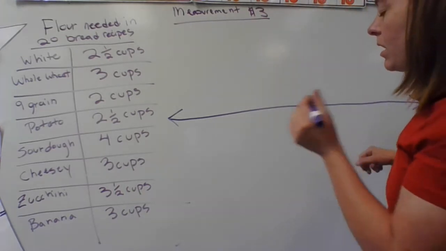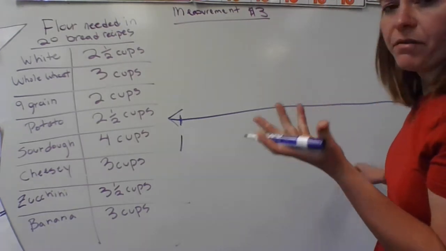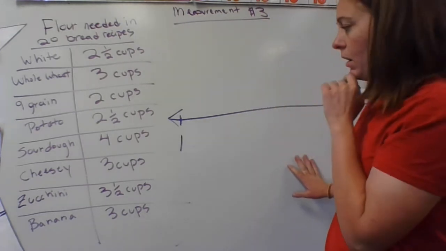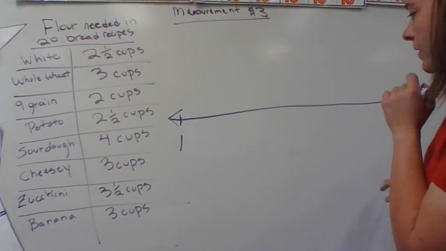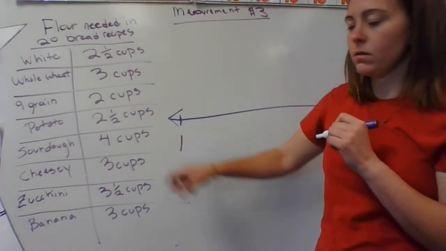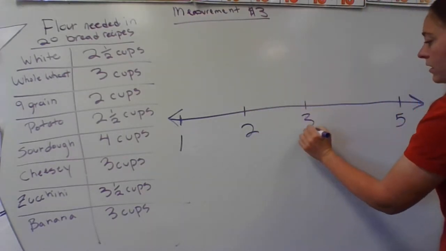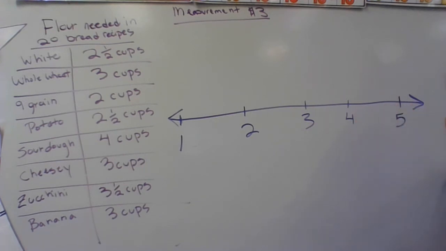So I'm going to start at 1. Since 2.5 is the next, I could have started at 2, but I'll give ourselves a little more room. And then I'll go up to 5, since that's 1 more than 4 also. And I'll put 2, 3, and 4 down.